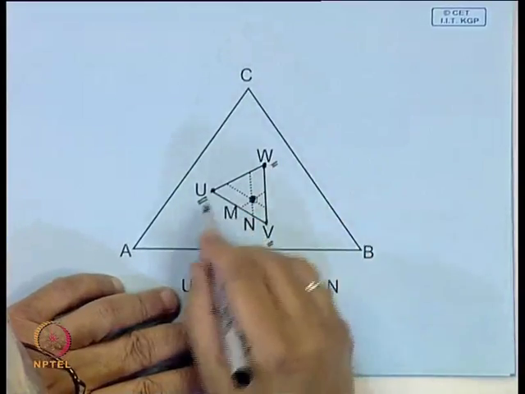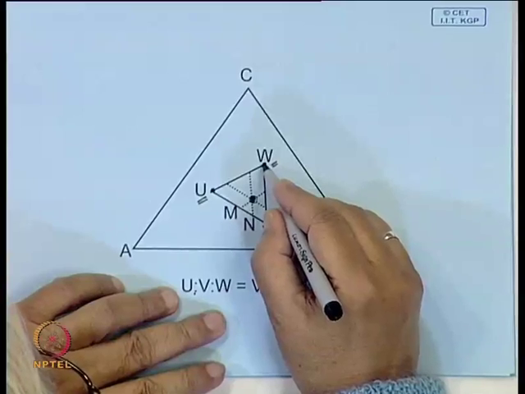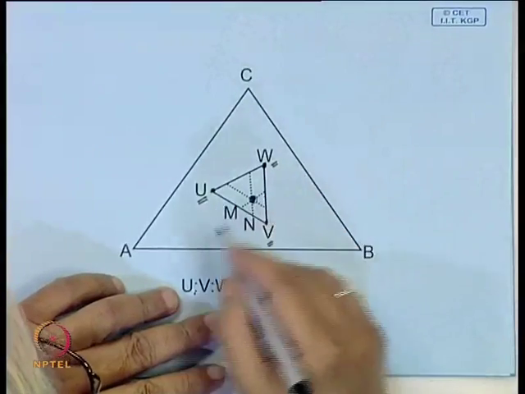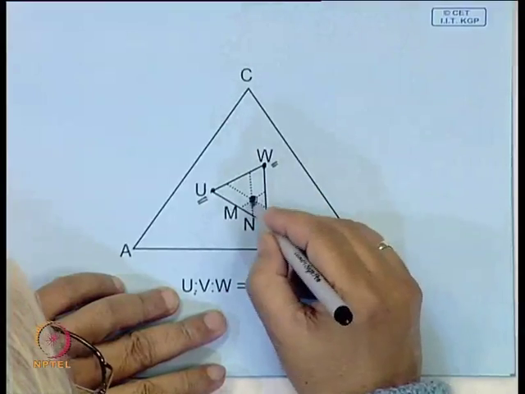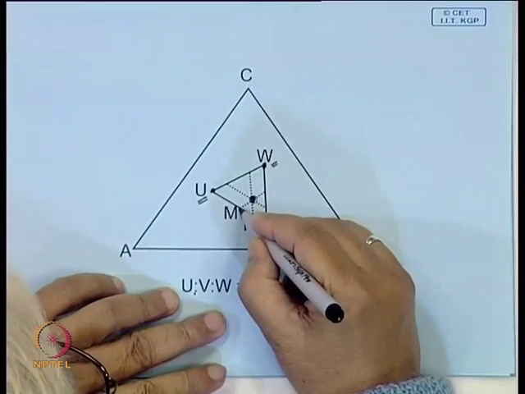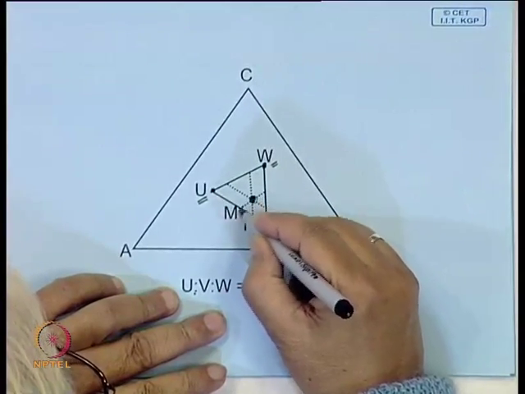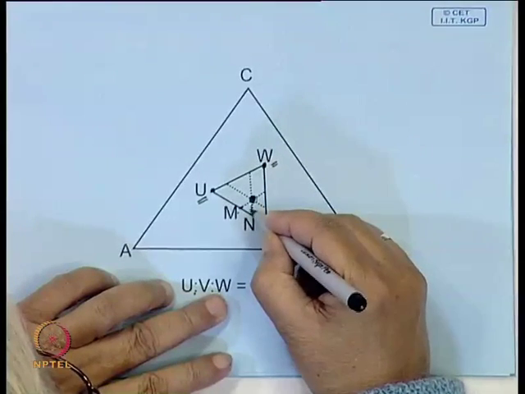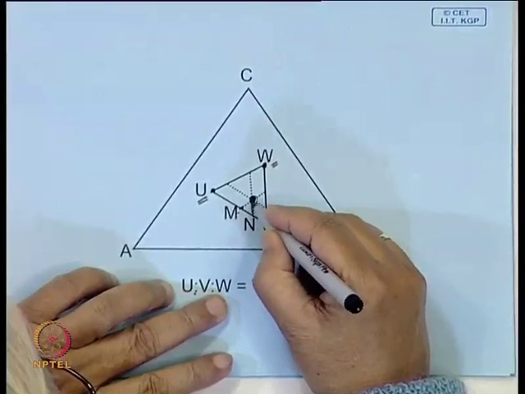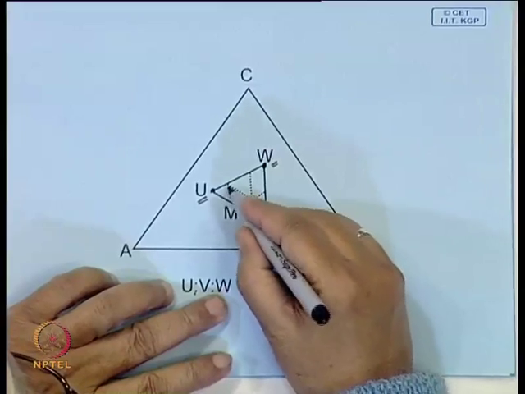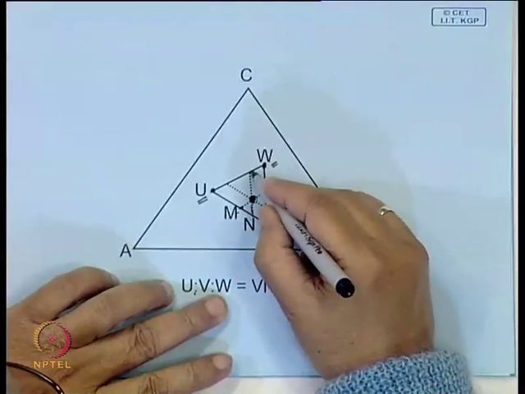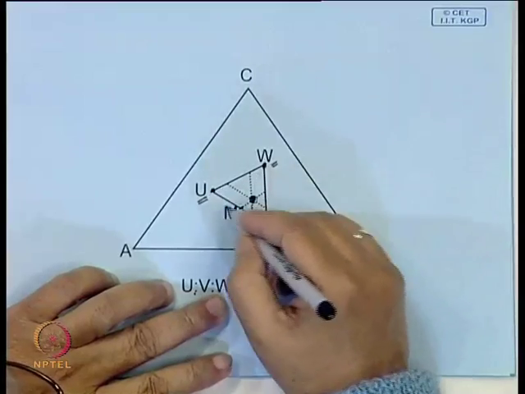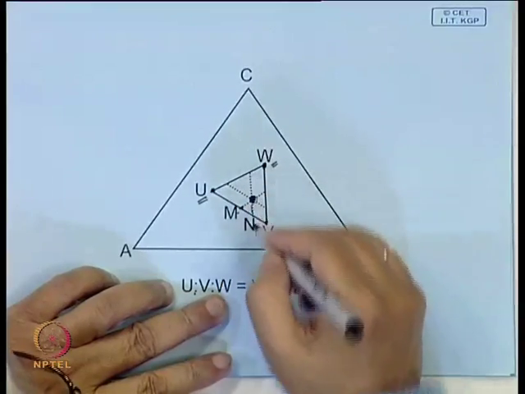Now look at how much is W. W will be proportional to this part, and these 3 will constitute an equilateral triangle. So you draw lines parallel to each of these lines.